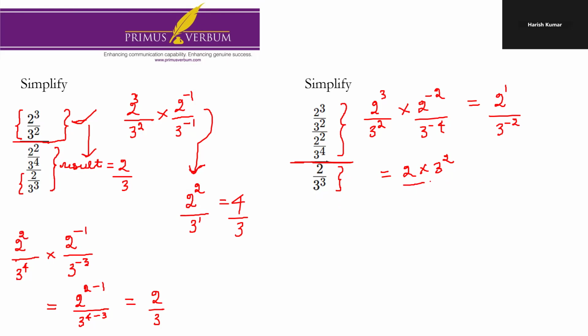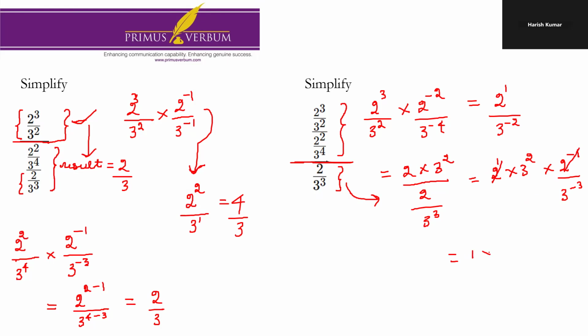Now I will divide this by the denominator, which is 2 by 3 cube. And I can rewrite it as 2 into 3 square into 2 raised to the power minus 1 by 3 raised to the power minus 3. Now I have a 1 here, so these two will cancel. It will give me 2 raised to the power 0, which is 1.